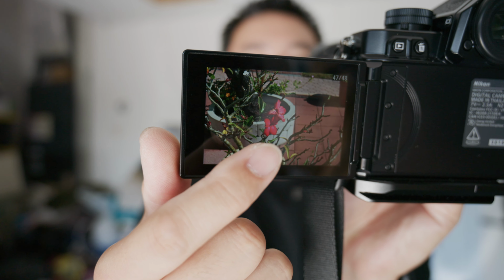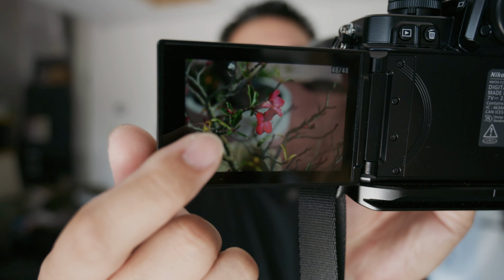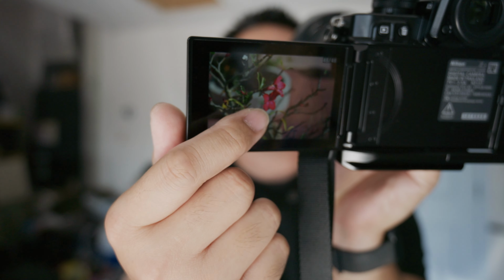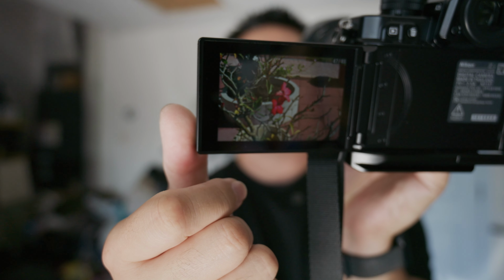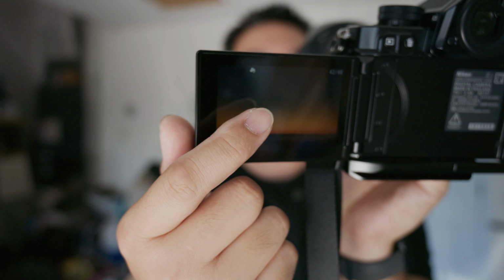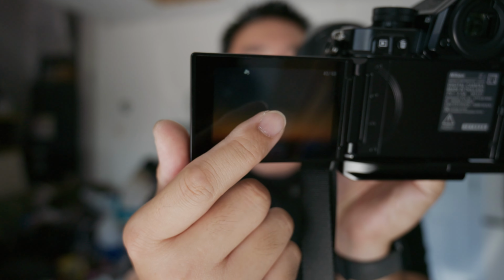And can you tell which one is f8? Might be kind of hard to see. Lost the picture.